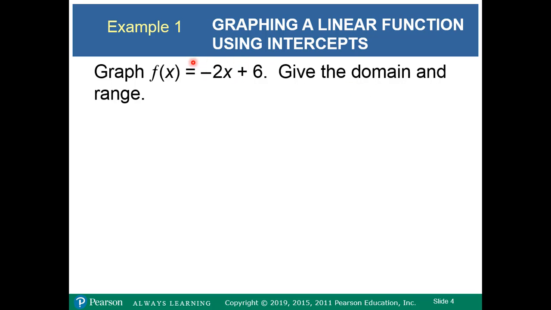Okay, in fact, for any linear function, the domain is always going to be all real numbers. And if the leading coefficient, negative 2, is not 0, then the range will also be all real numbers. If it is 0, then the range becomes one value, which is whatever this constant is.